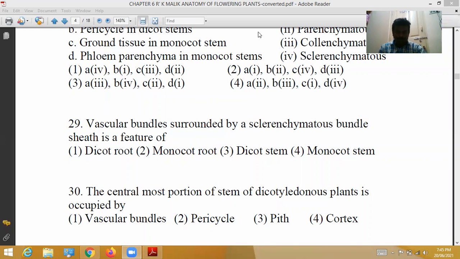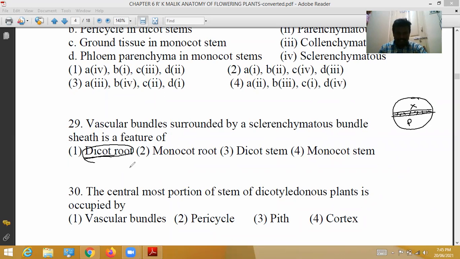Okay, 29th question. Vascular bundles surrounded by a sclerenchymatous bundle sheath is a feature of which? In dicot root, between xylem and phloem, the sclerenchymatous bundle sheath is not a feature.